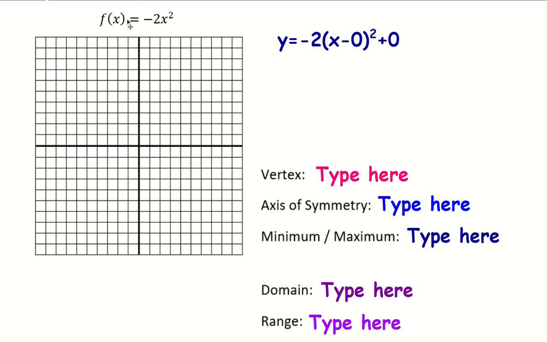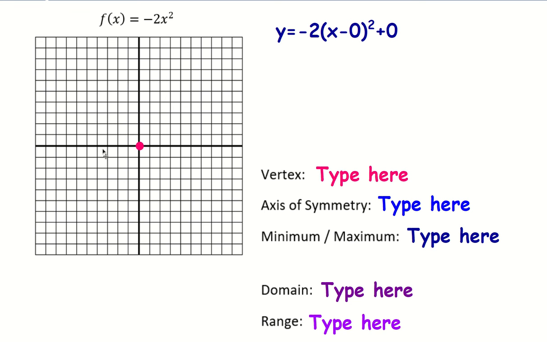So if you wanted to rewrite this and fill in all the other stuff, you realize that h is 0 and k is 0. In other words, there was no left or right shift, or up or down shift compared to just y equals x squared.